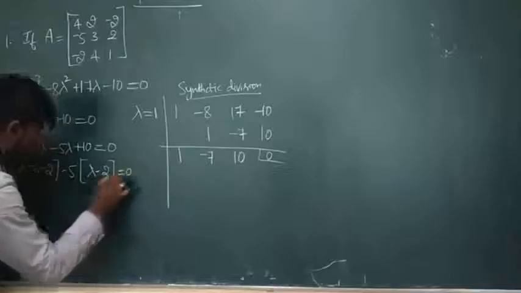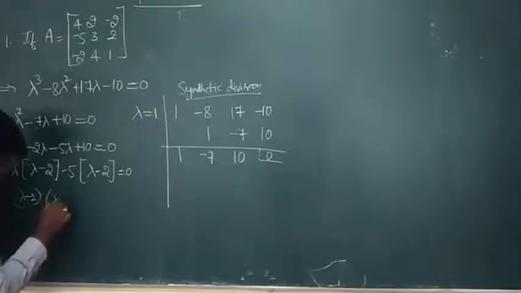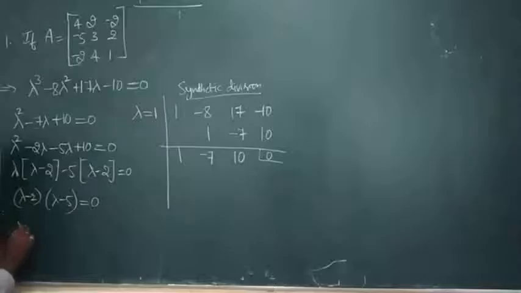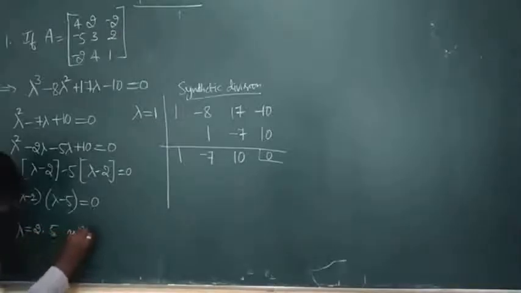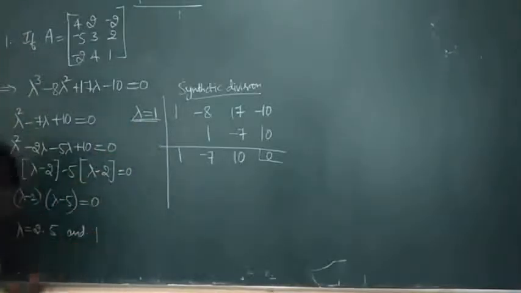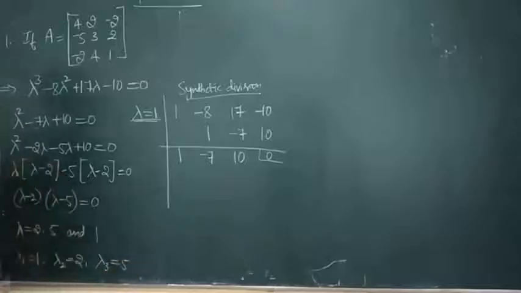Therefore, we factorize (lambda minus 2)(lambda minus 5). So the eigenvalues are 2 and 5, and by observing, 1 is also an eigenvalue. Therefore, lambda 1 is equal to 1, lambda 2 is equal to 2, and lambda 3 is equal to 5. These are all the eigenvalues for this matrix.